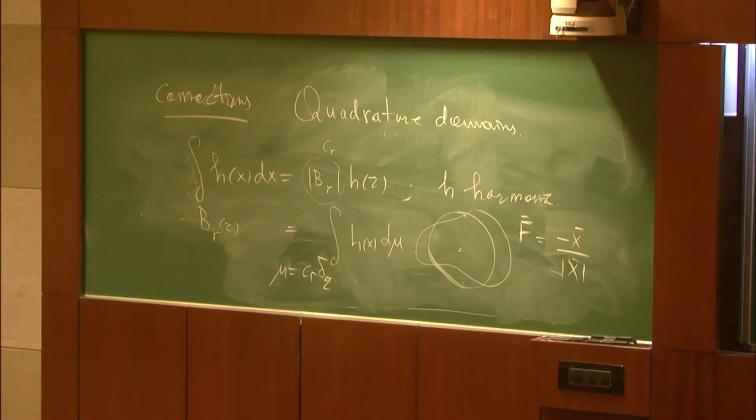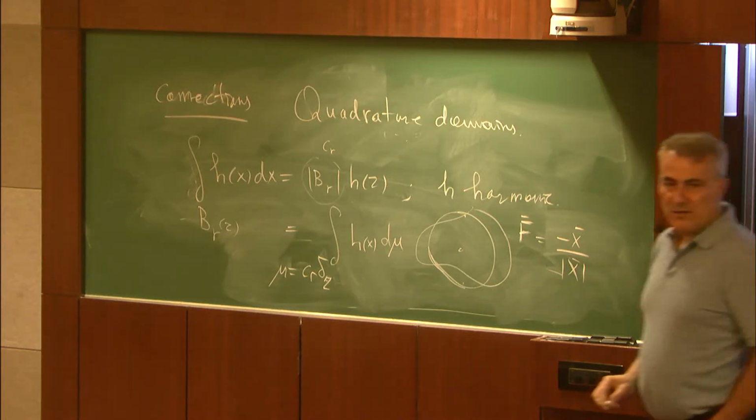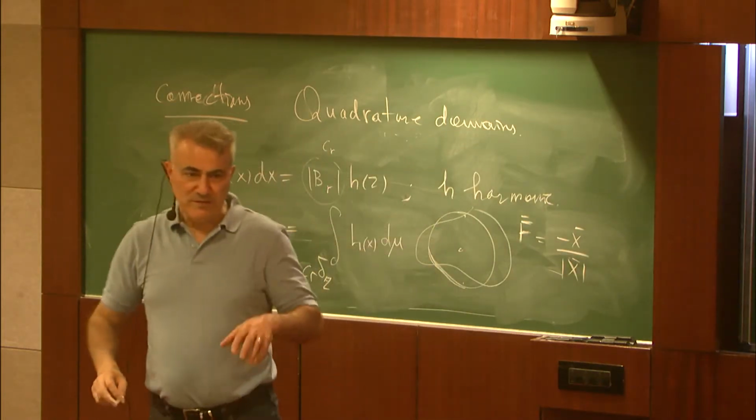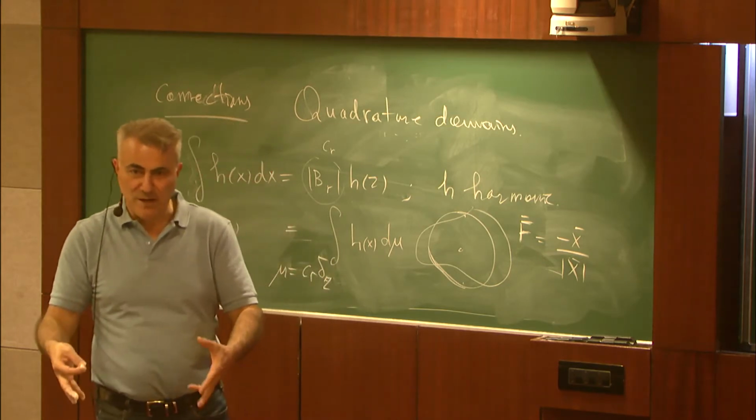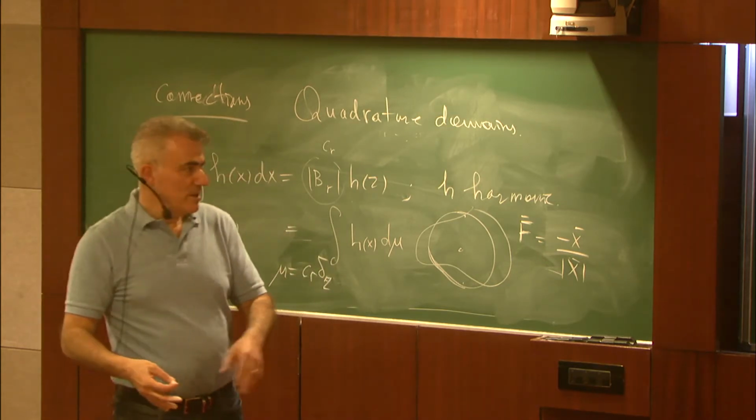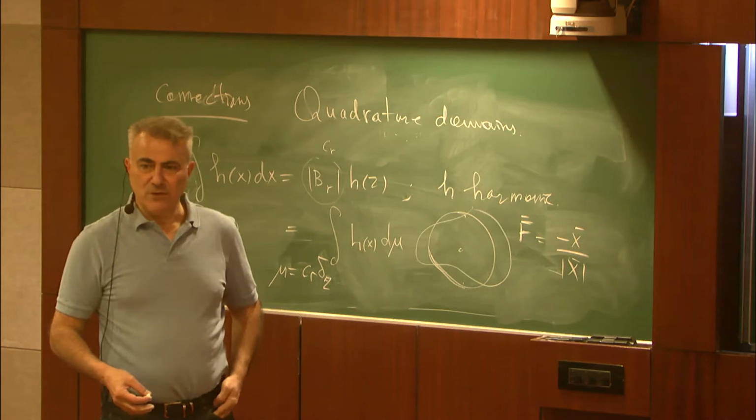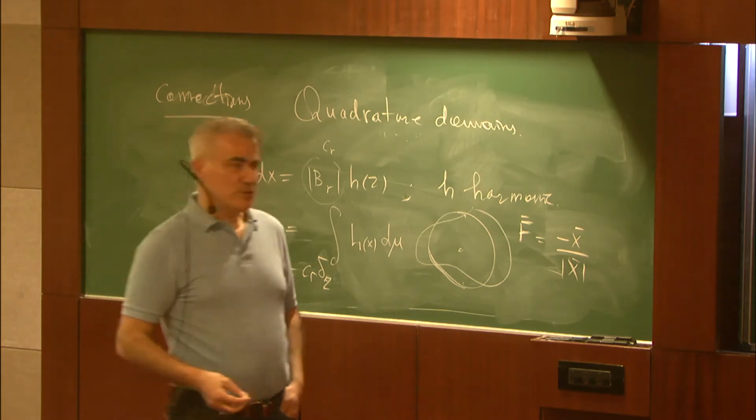So the picture would be something like this. And this is the measure. So given the measure, if you can find a domain omega which contains the support, and that integral identity holds, we will call the domain a quadrature domain.